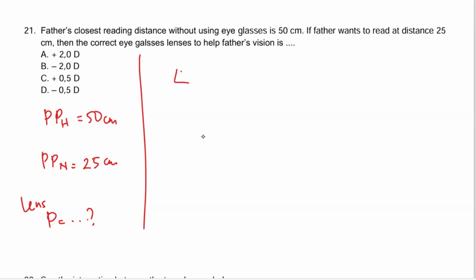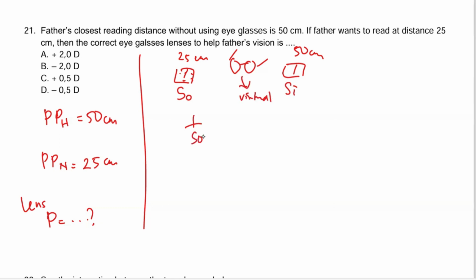So here, where we put the object is at 25 cm, but the image by glasses will be somewhere at 50 cm so that the father can read that. So this 25 cm or the PP of normal is where we put the object, and here is where the image is going to be created. And for glasses, always create virtual image.